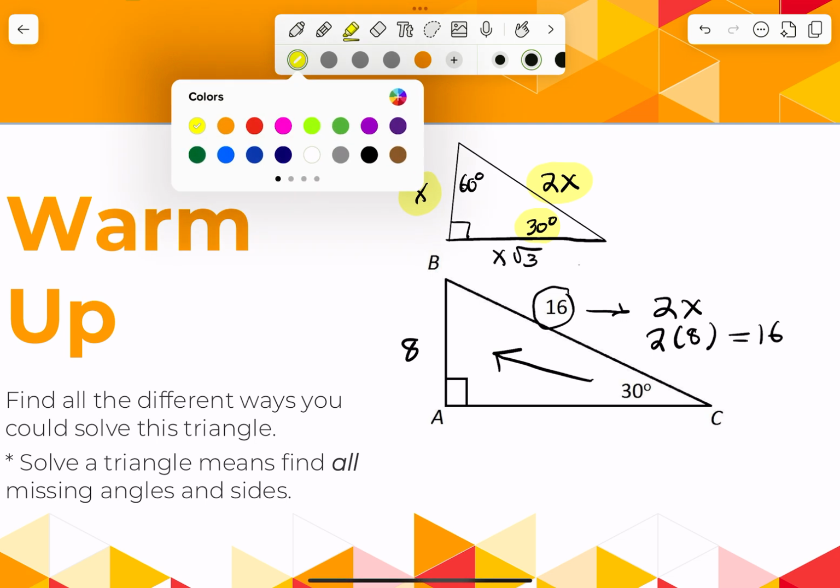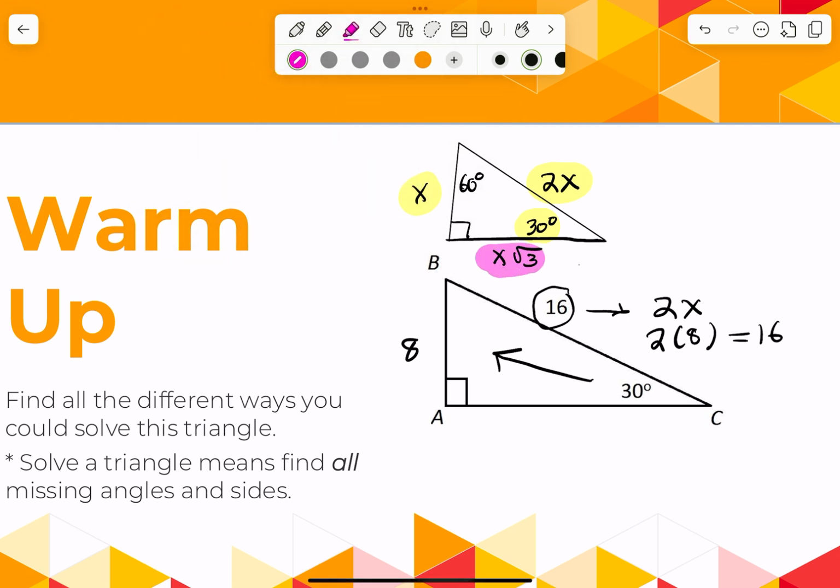And now I'm going to highlight in pink x root 3. So the side opposite of 60 degrees will be whatever the side opposite of 30 is, which is 8, times root 3.